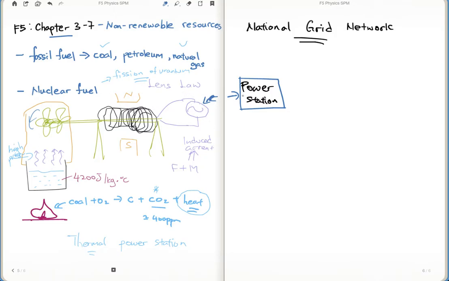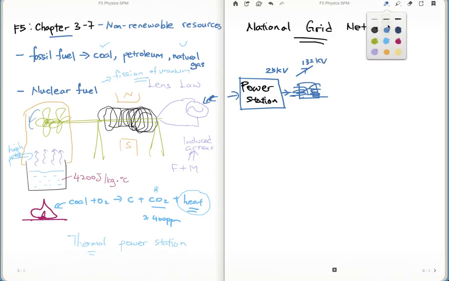Now, in the power station, the first thing that comes out would be the transformer. This is where you get your first transformer, a step up transformer. So you step up from 25 kilovolts to 132 kilovolts.